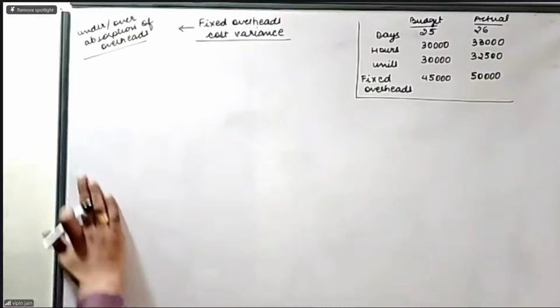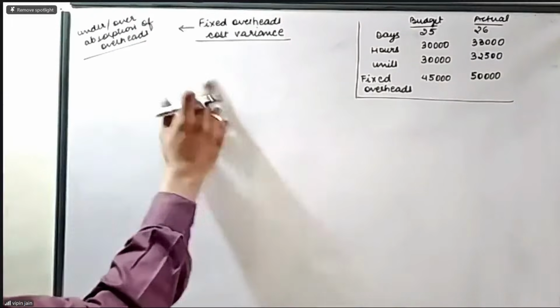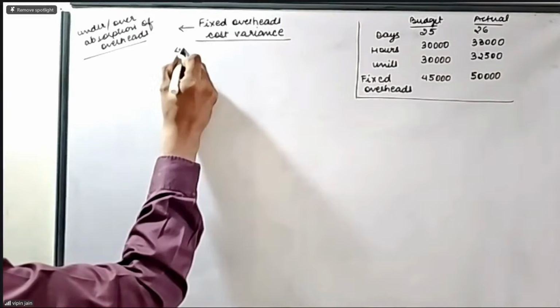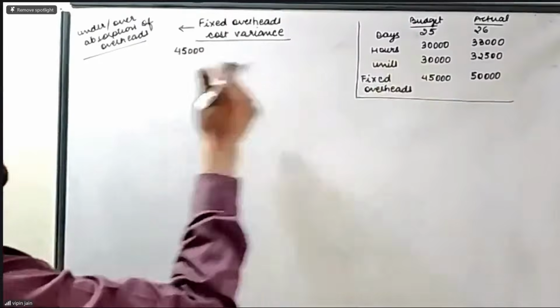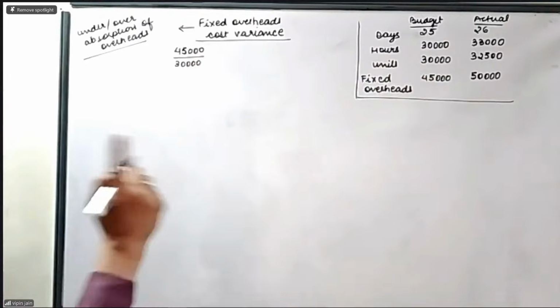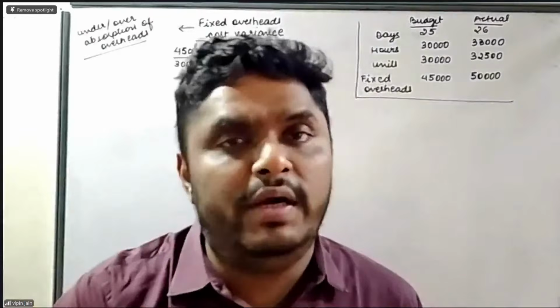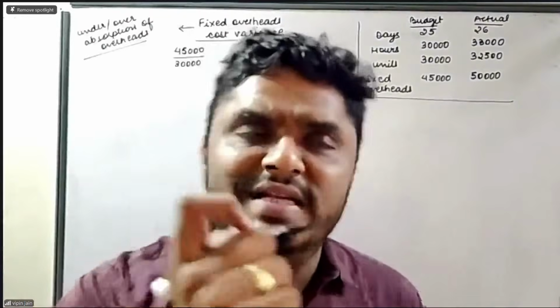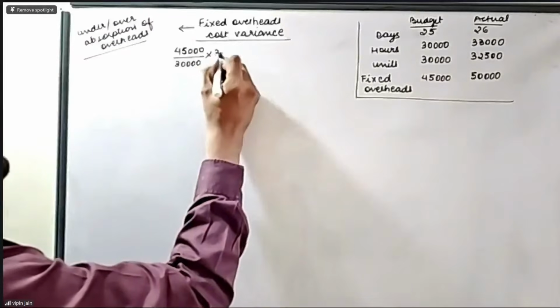Anyways, when talking about fixed overhead cost variance, 45,000 are my budgeted overheads. My budgeted units are 30,000 units. It means my absorption rate is 1.5 per unit. Now we will apply this 1.5 rate to actual units, that is 32,500.